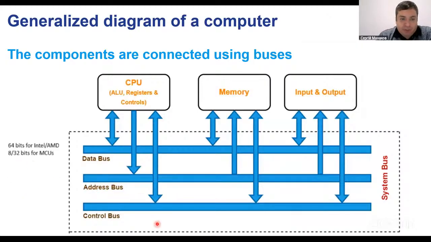And the control bus, the third bus, can be imagined like the control lines in our motherboard, for example. Now we see these three basic buses: data bus, address bus, and control bus, that connect the main components of our computer.